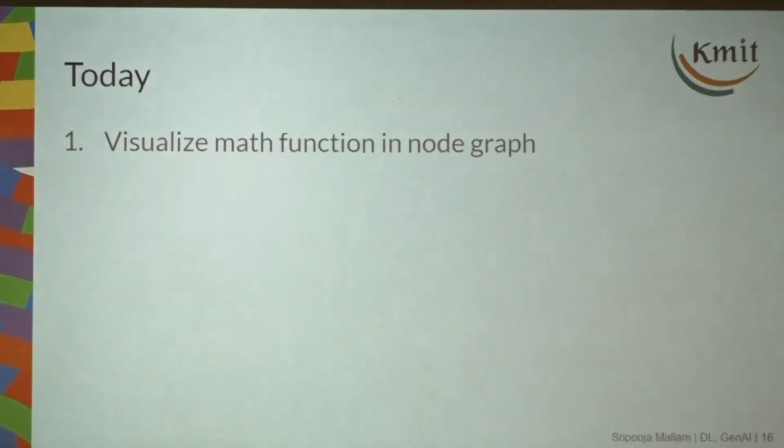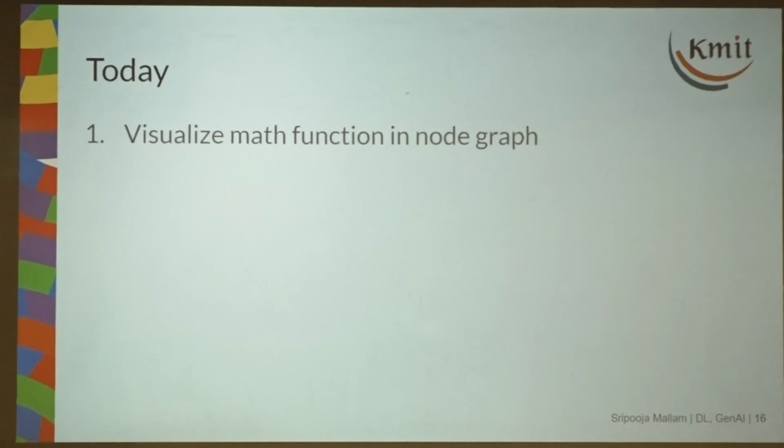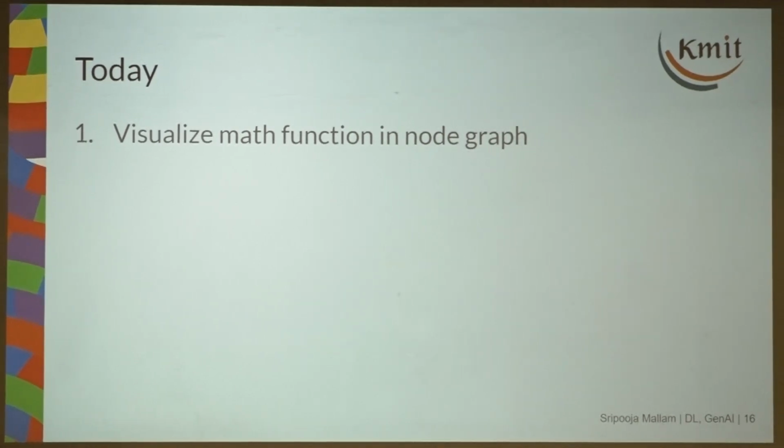Coming to the agenda of today's session, we will be visualizing the math function in the form of a node graph. Because the math functions, like 2x square plus 3x plus 4, and the neural network nodes, there is no sync at all. We are not able to draw parallels between what is happening in a math function versus what's happening in a neural network.